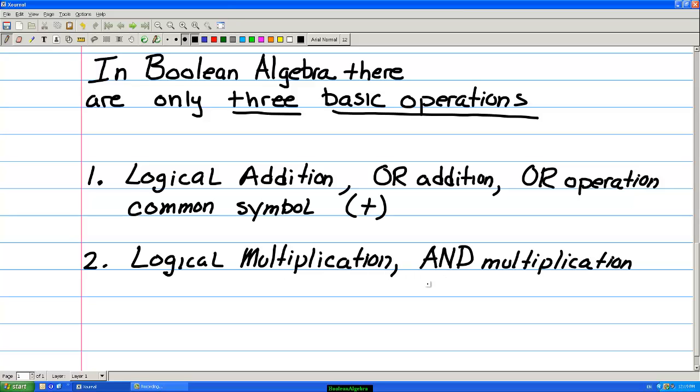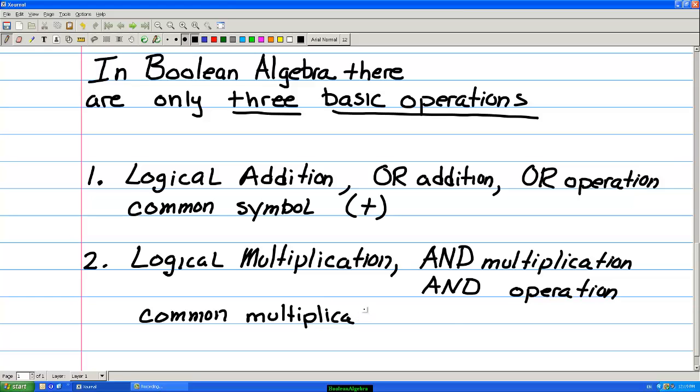Or simply, the AND operation. The common symbol is the multiplication sign, of course.